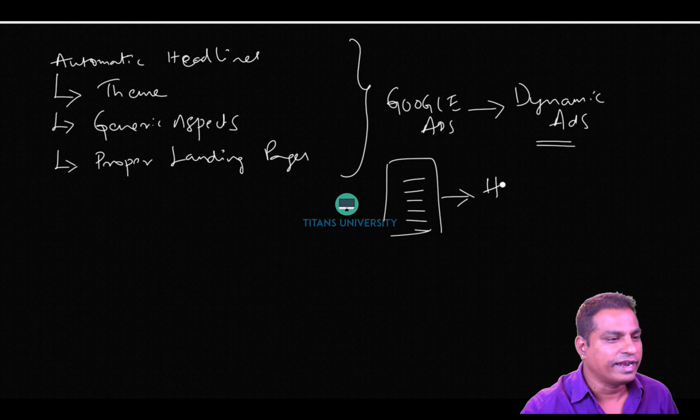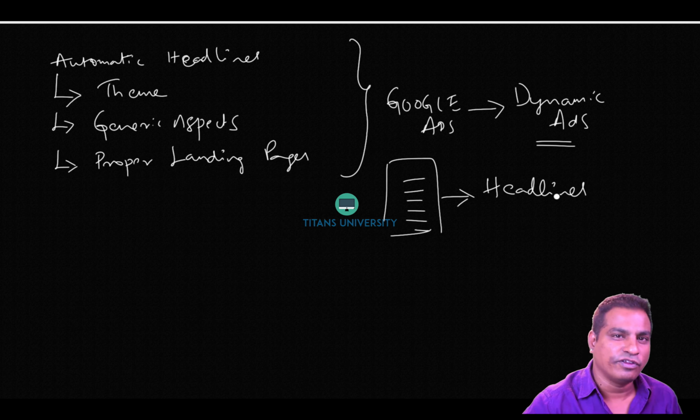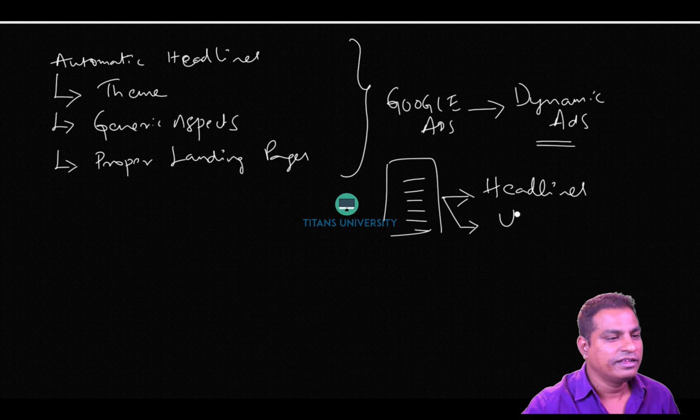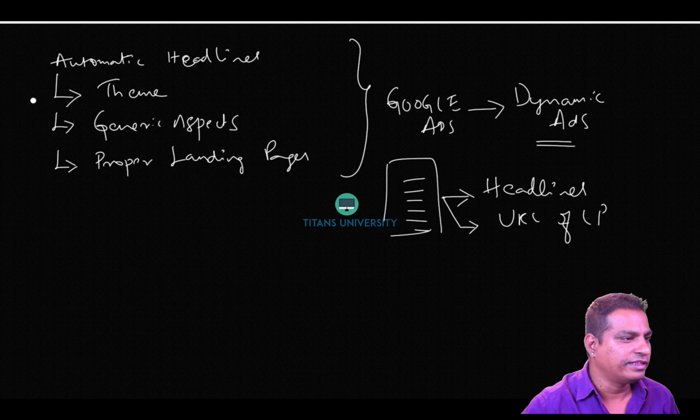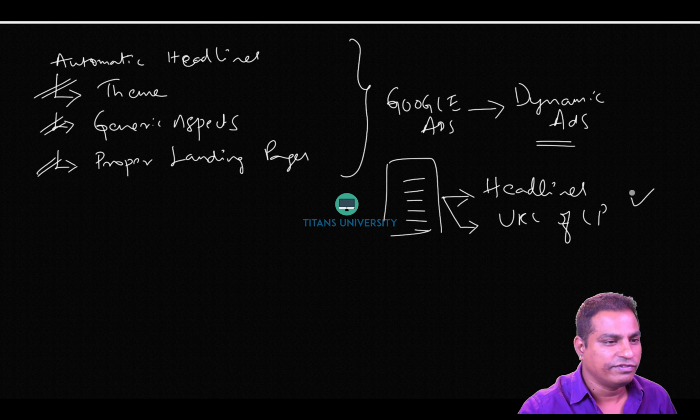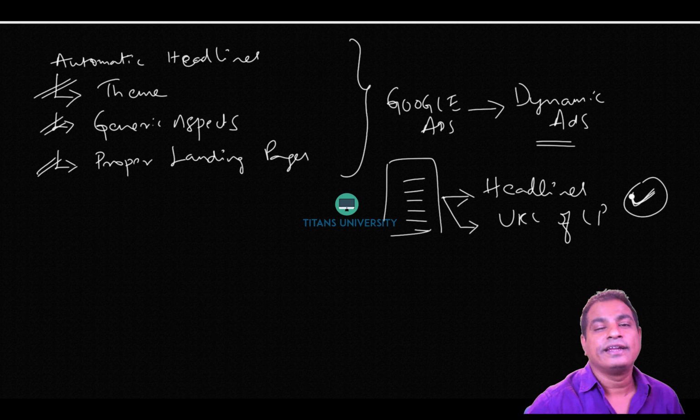It frames the headlines for your ad texts automatically, and it will also dynamically insert the URL of the landing page. So the majority of your problems, where the theme doesn't have to change, generic aspects of the business have to be included, and proper landing pages have to be included, can be achieved through this feature called dynamic ads.